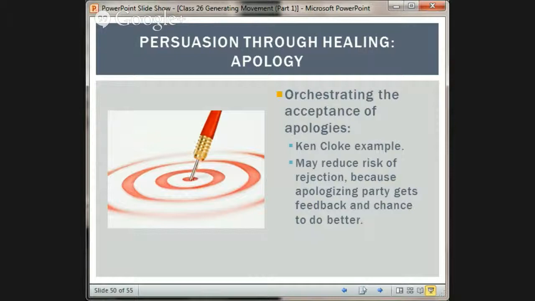And if you get feedback, and it's usually nonverbal, that this thing stinks, then you can turn to the party on the receiving end and say, on a scale of 1 to 10, with 1 being a really lousy apology and 10 being the perfect apology, how would you rate that apology? And then they'll give you a number, whatever it is, it doesn't matter. And then you can say, what does the other person need to say to be able to get a 10 or an 8 or a 9 on that apology scale?